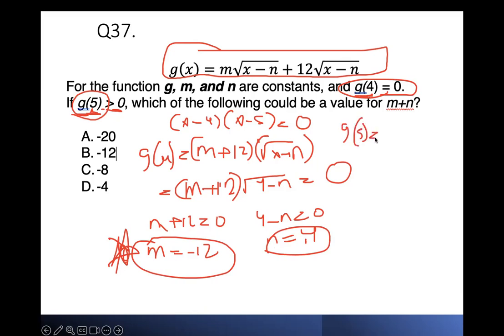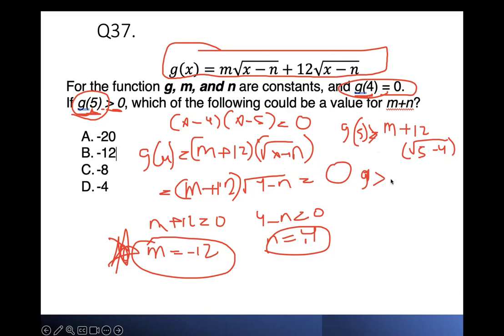You can use a root twice. g of 5, wherever I see x, I put 5. I have m, I'm calculating it, 12. And then n, x is 5. And I know n is 4. And therefore, this becomes 1. Therefore, g of 5 has to be greater than what?